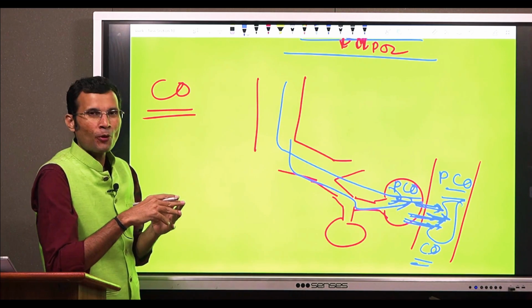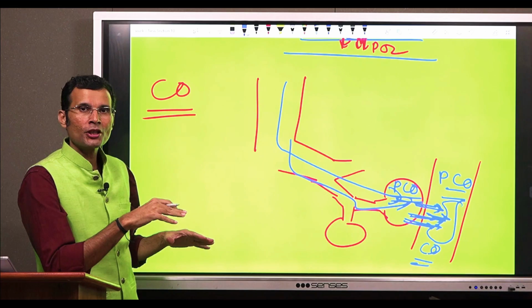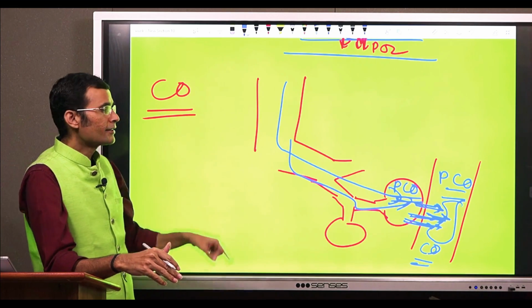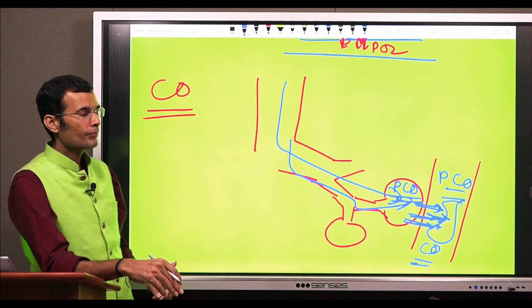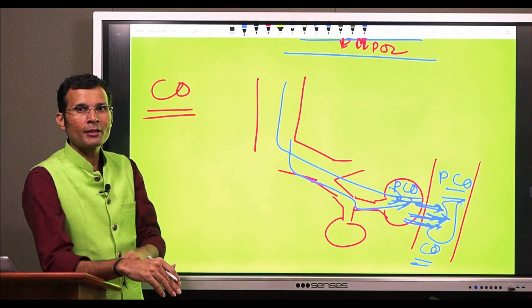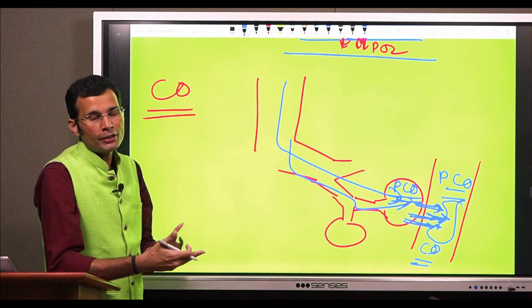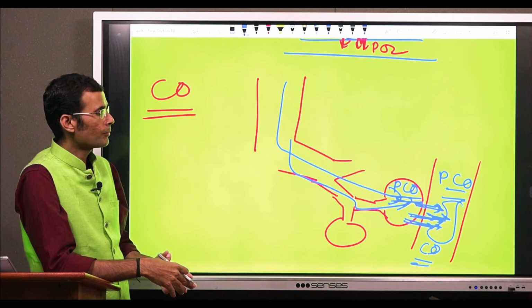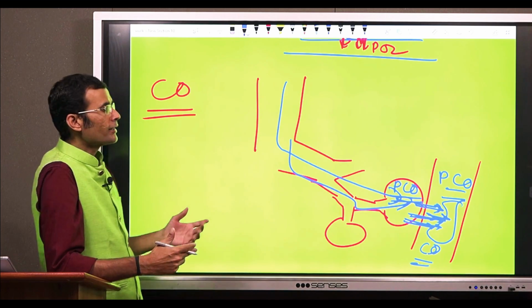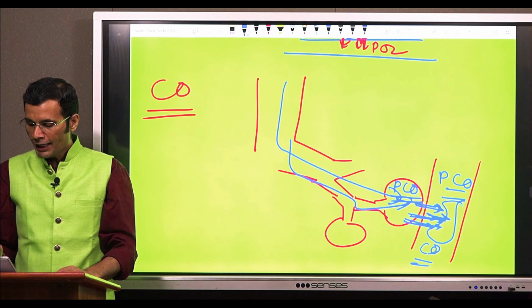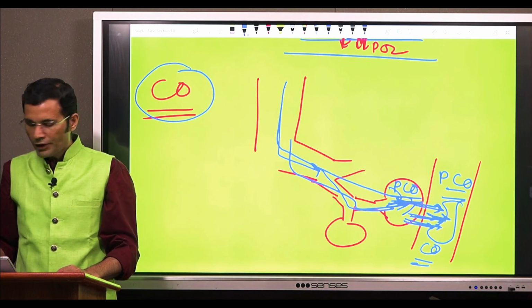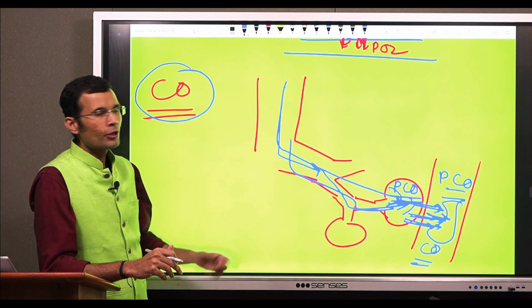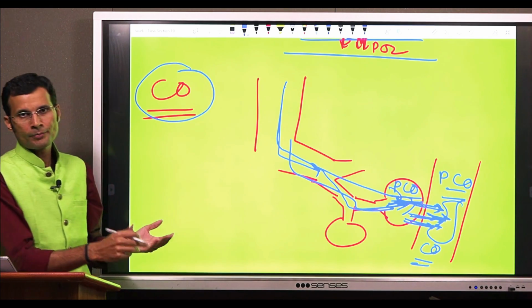Now, the most important part is that partial pressure of any gas is exerted by that gas which remains free. The gas that combines with something does not exert the partial pressure. So in this instance, we gave carbon monoxide by inhalation, it reached the alveolus, and its partial pressure increased there.